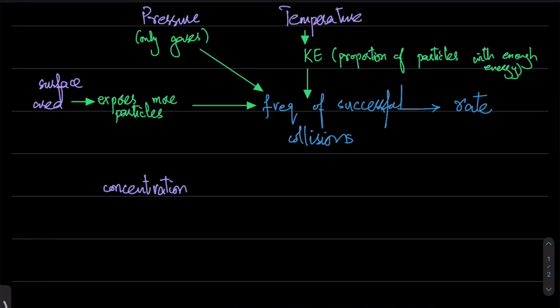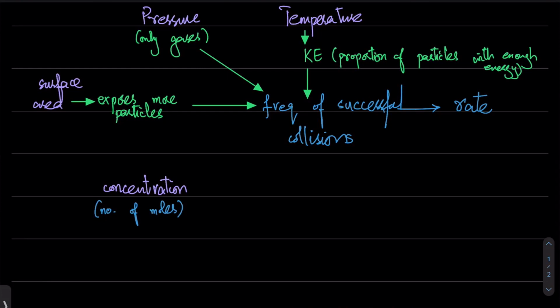Hidden inside concentration is another factor, which is number of moles. It is number of moles actually that affects the rate of reaction. If you have more moles, more collisions are going to happen. But concentration helps us do it in the same volume. I will explain this point in a little bit.